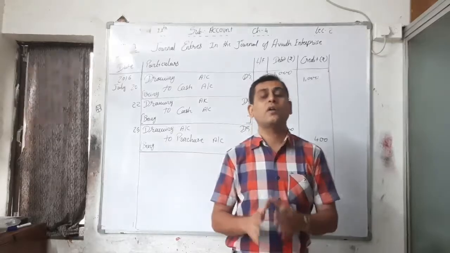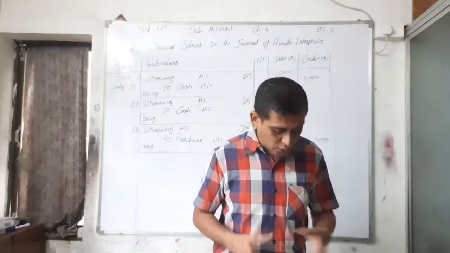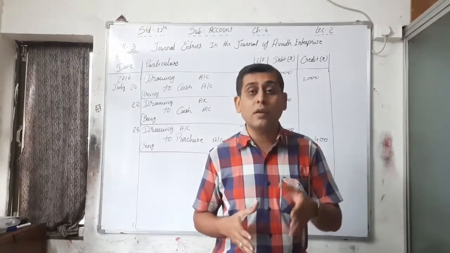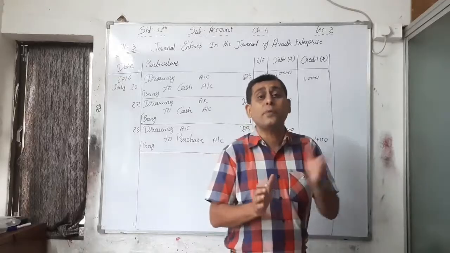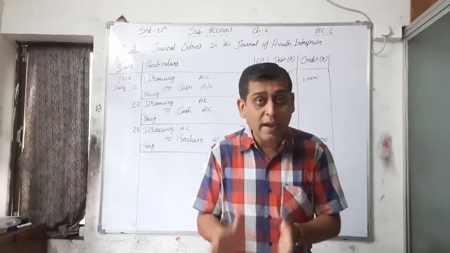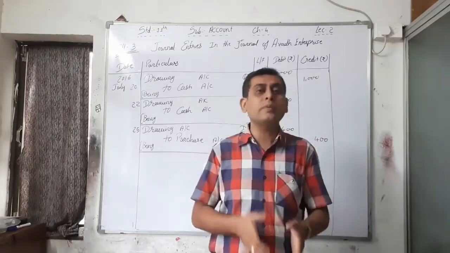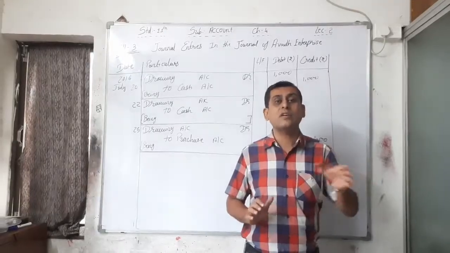of rupees 500 paid from the business. See, Ajay's son's college fees are paid by the owner from the business. Again, it is his personal expense, and it is paid from the business. That's why here we have to take it as a drawing.